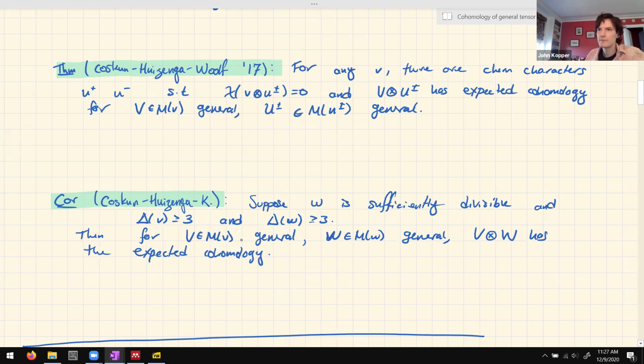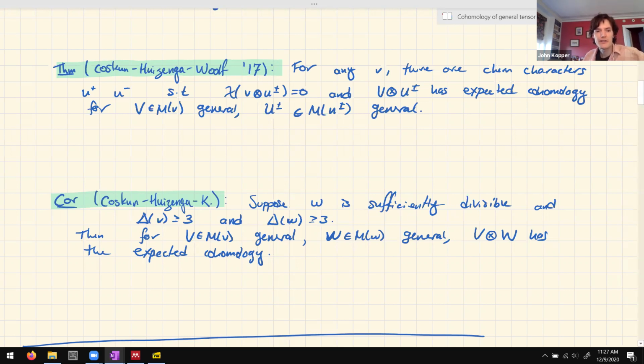So this discriminant number is the number I defined at the start of the talk. And the way I want you to think about this, first, I don't want you to spend a lot of energy worrying about the sufficiently divisible hypothesis on the character of W. That's a technical hypothesis that we seem to need for our proof, but it's not clear that the theorem fails without it.